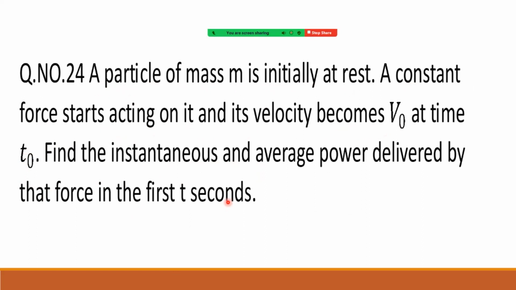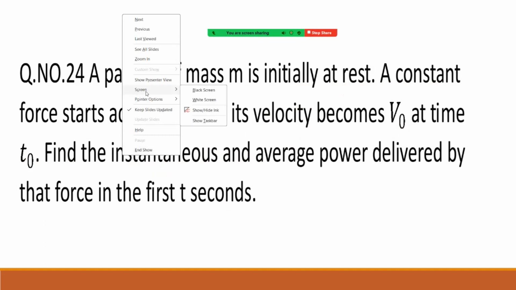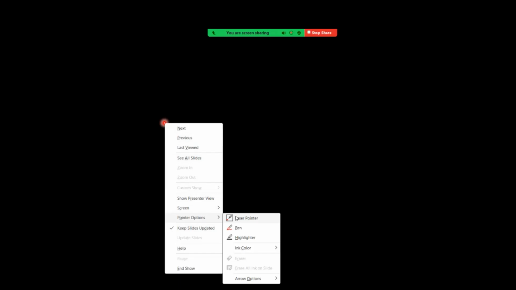Okay. Initially at rest, constant force. Velocity becomes v naught at time t naught. We have to find instantaneous power and average power.